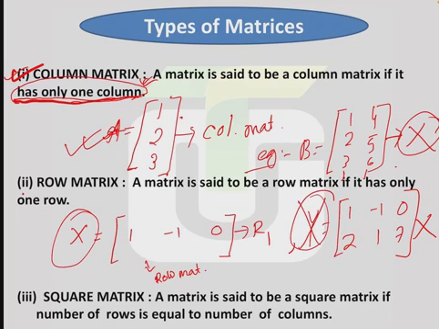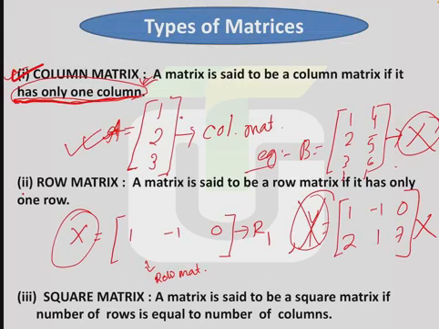So the next one is the square matrix. What is a square matrix? A matrix is said to be a square matrix if the number of rows is equal to the number of columns. So the number of rows must be equal to the number of columns in a square matrix.